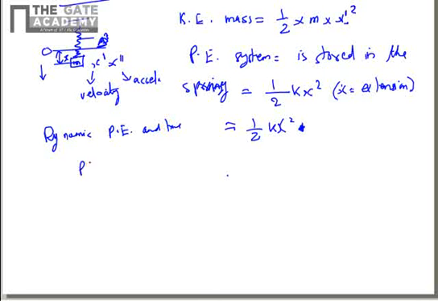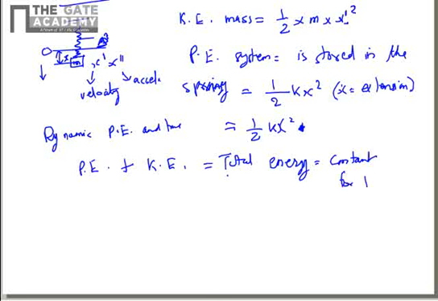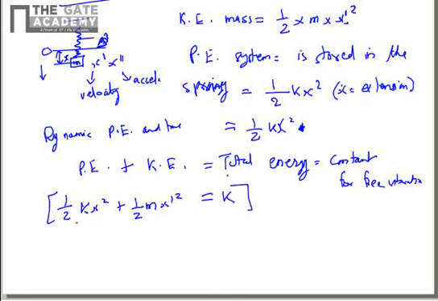So we know that the dynamic potential energy plus the dynamic kinetic energy, the summation of these two energies, is the total energy of the system, and it remains constant with time for free vibration. So let's say this constant is some value K, with potential energy half kx square and kinetic energy half m x dash square. So this is the equation for conservation of energy.